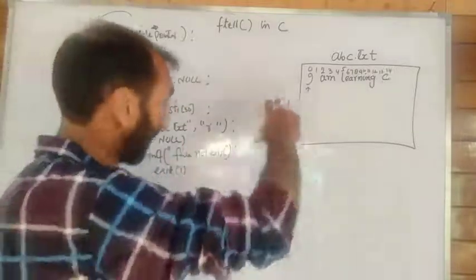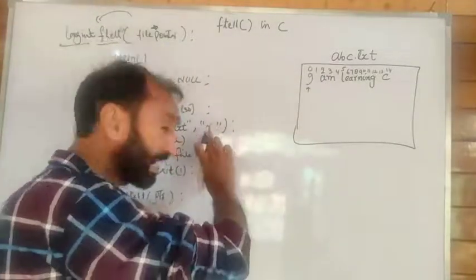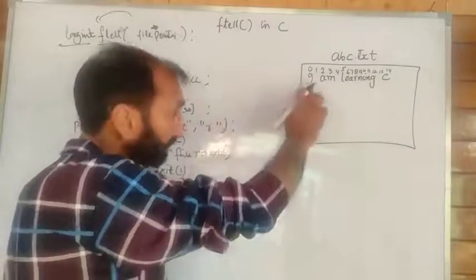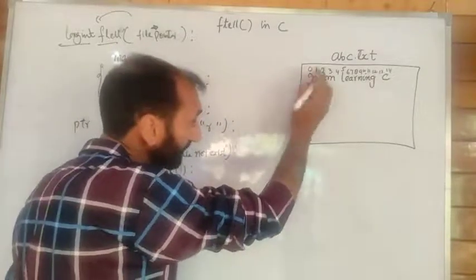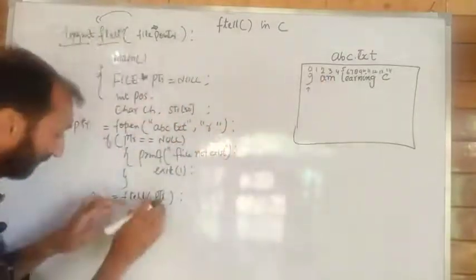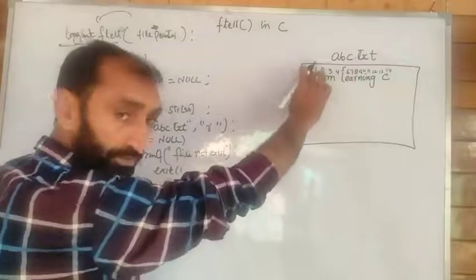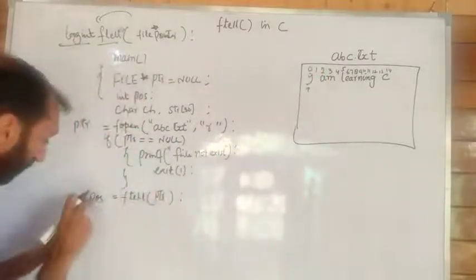We have opened this file in read mode, and at present the file position is this, so it returns the 0th index, which is stored in position.